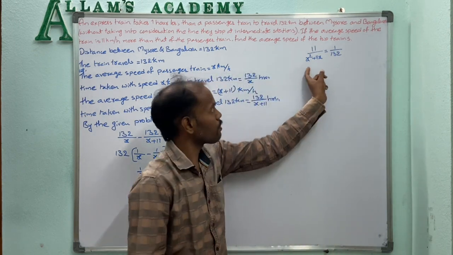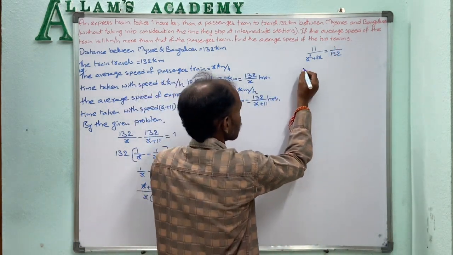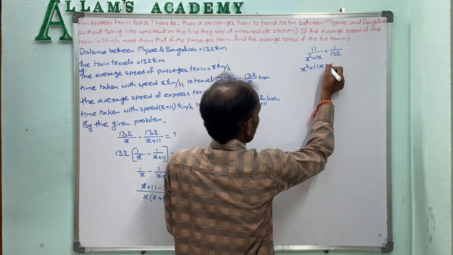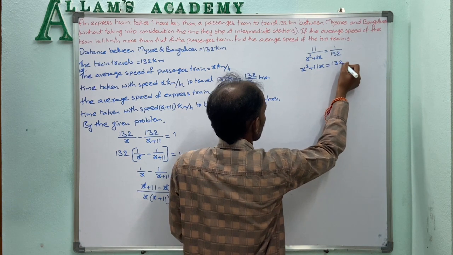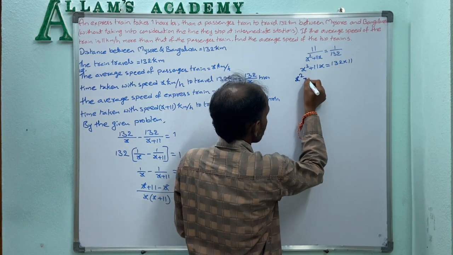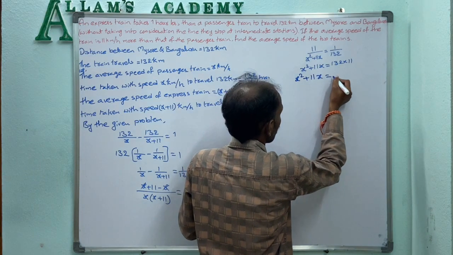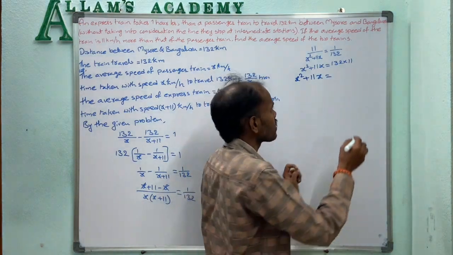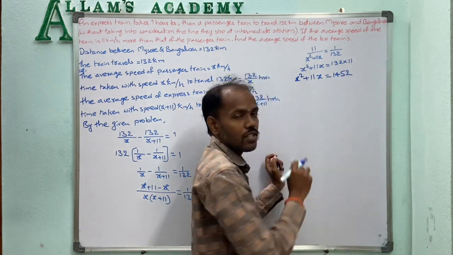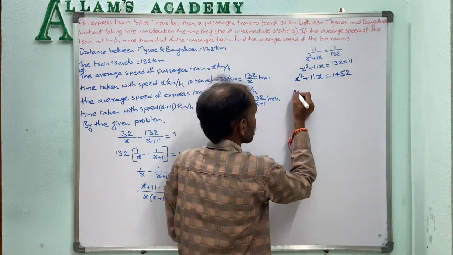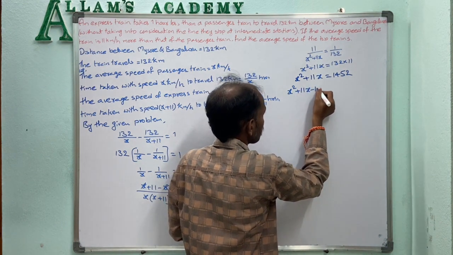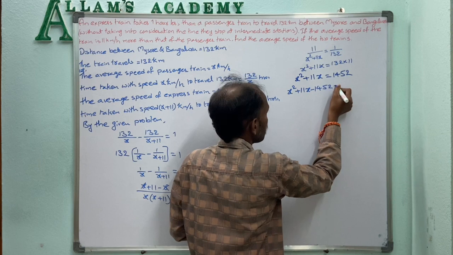By cross multiplication, x square plus 11x equals 132 into 11, which is 1452. Transferring 1452 to this side, x square plus 11x minus 1452 equals 0.